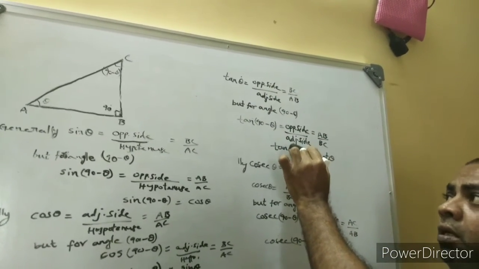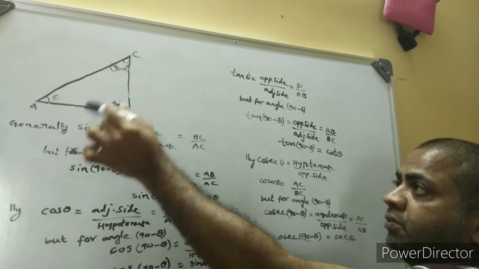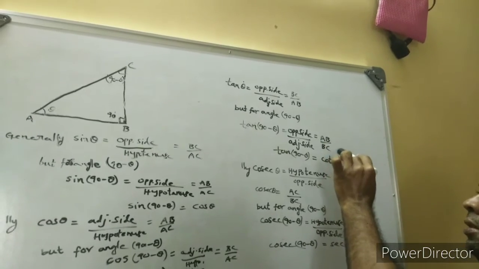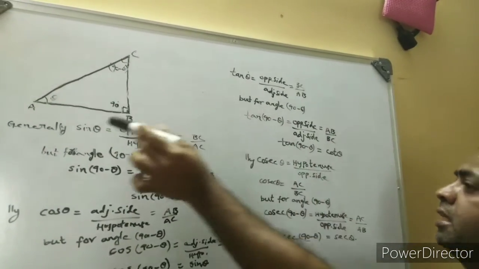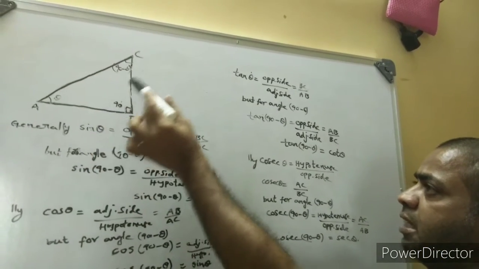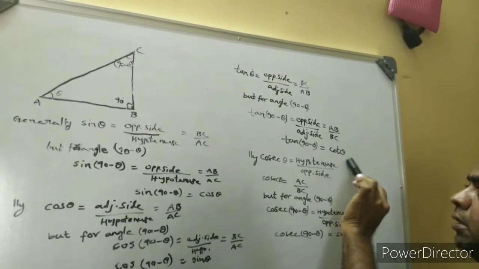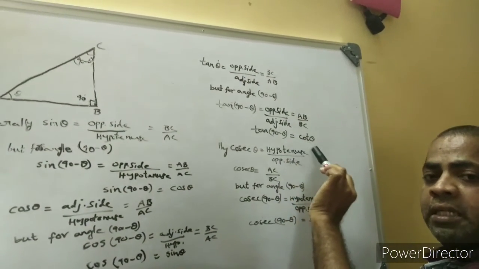For 90 minus theta, the opposite side is AB and the adjacent side is BC, so I am writing AB by BC. This is exactly equal to cot theta, that is, the adjacent side to theta by the opposite side to theta. Therefore, tan of 90 minus theta is equal to cot theta.